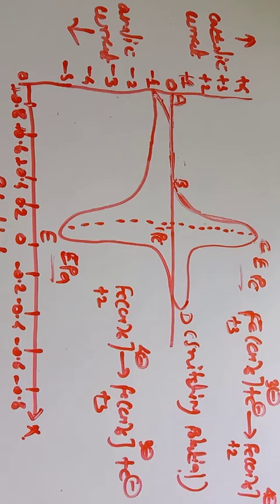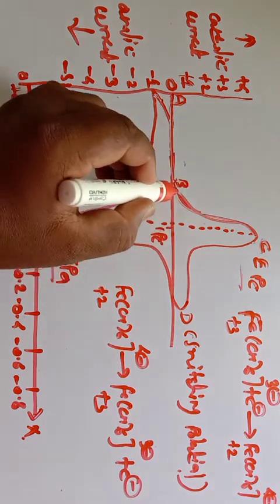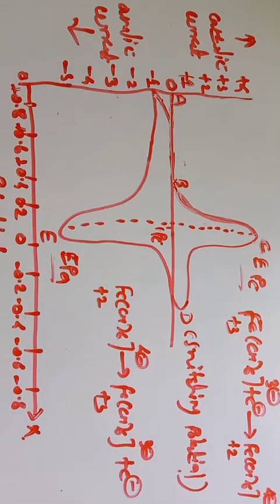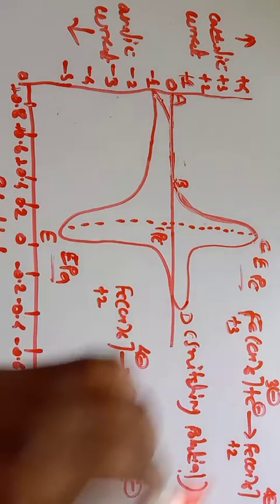Then the next point is very important. The current decays rapidly as the diffusion layer is extended further and further away from the electrode surface. So what happened when there is a total reduction of this Fe in plus 3?